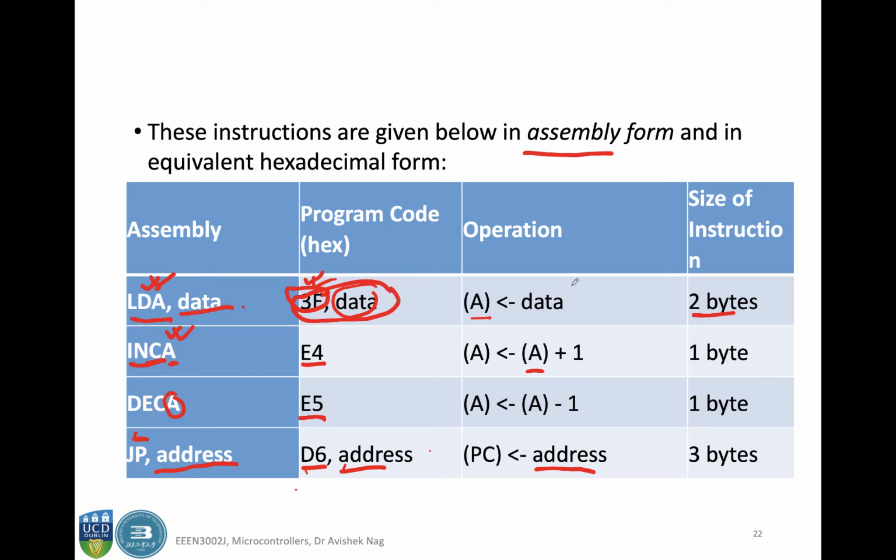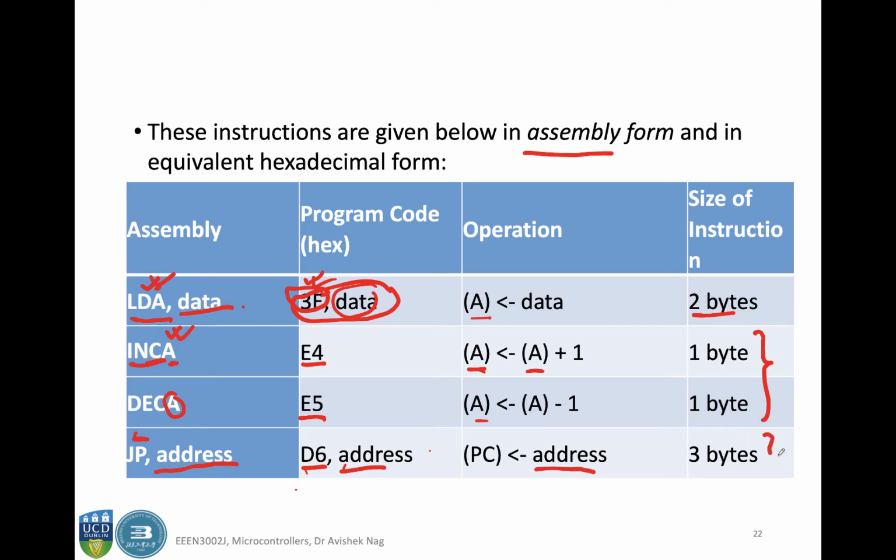Okay, so therefore it is 2 bytes of instruction because this instruction always comes with data to be loaded. Then these are 1 byte instructions, increment and decrement, because there is no data accompanied. It just increments whatever is stored in A and it decrements whatever is stored in A. So these are 1 byte instructions.